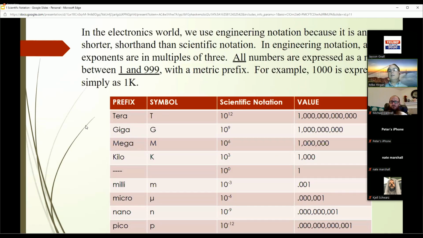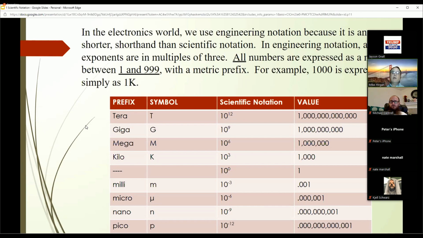What I was going to say is, let's say you had an extremely large number, and you converted it to scientific notation, and you moved the decimal place 11 spaces. Well, you could do that in scientific notation, because you're going to write it times 10 to the 11th power.